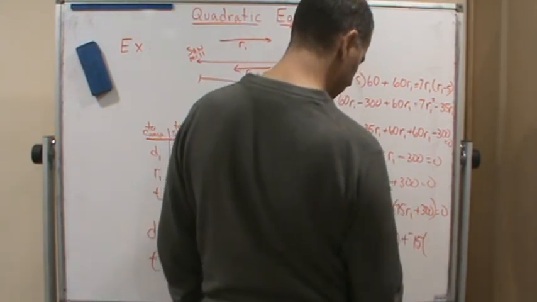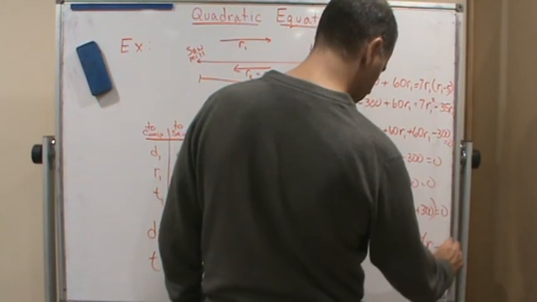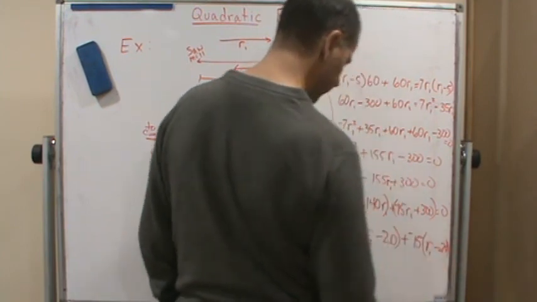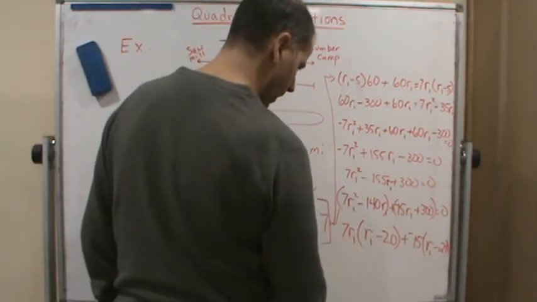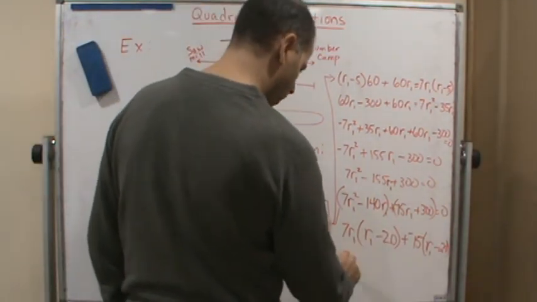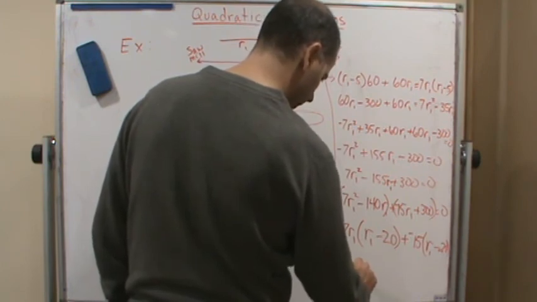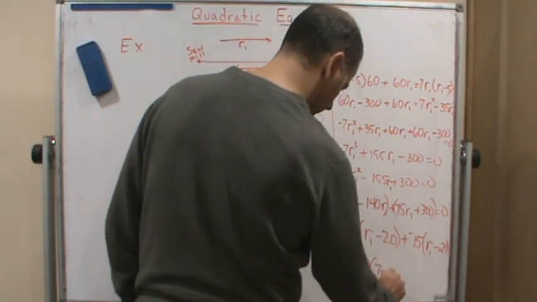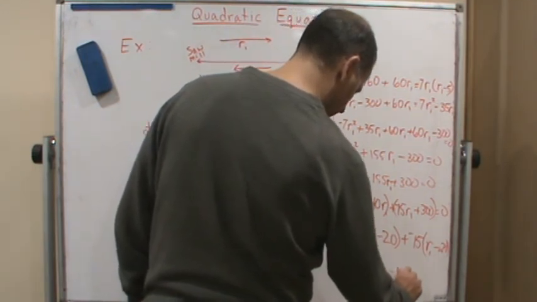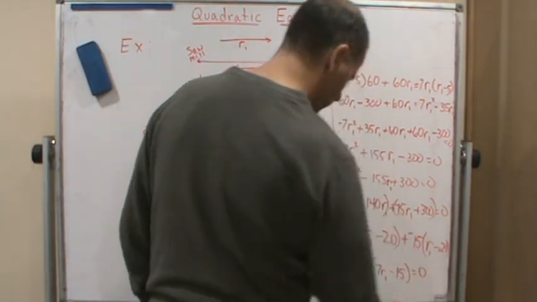And then I'm going to get R1 minus 20. Okay, and that's equal to 0. And then now if I factor out the R1 minus 20, I get R1 minus 20 times 7R1 minus 15 equals 0.